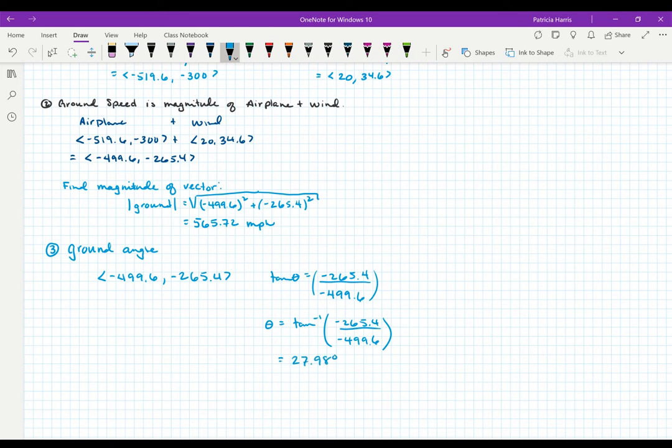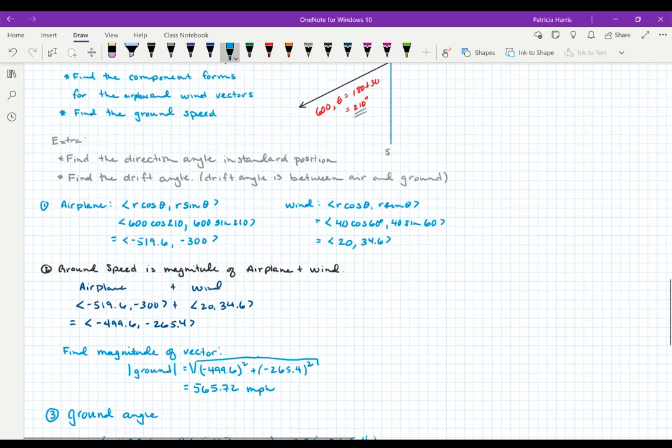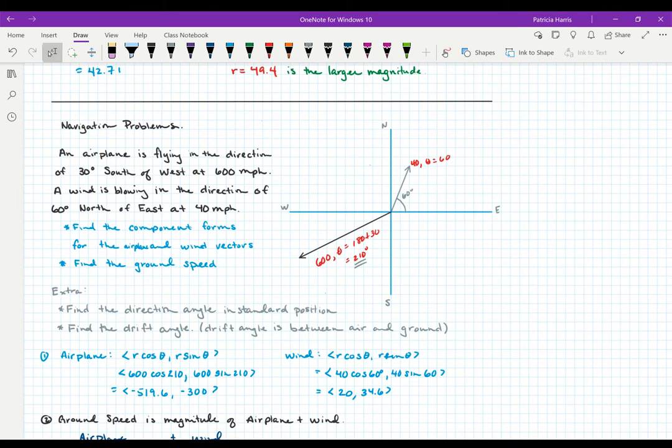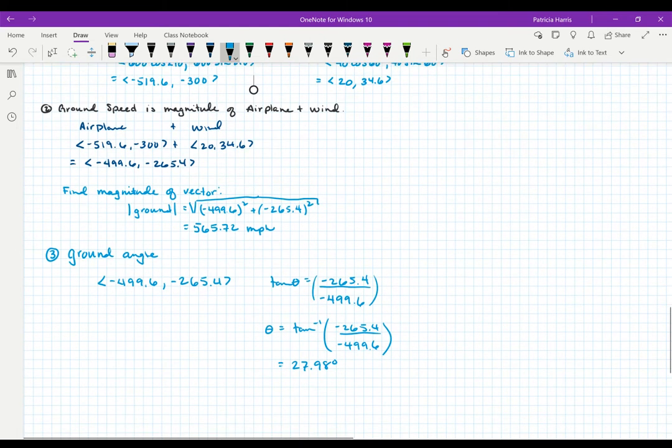The problem with that is that that's in the first quadrant. I want an angle in the third quadrant, somewhere in here, that's where it's going to line up. So I'm going to have to add 180. Let's write ourselves a note.